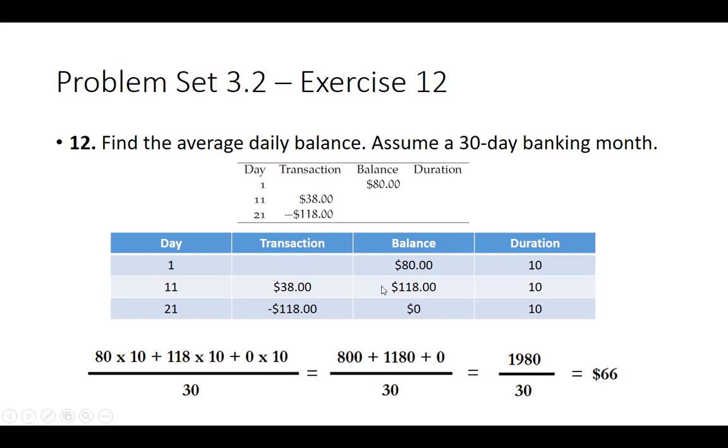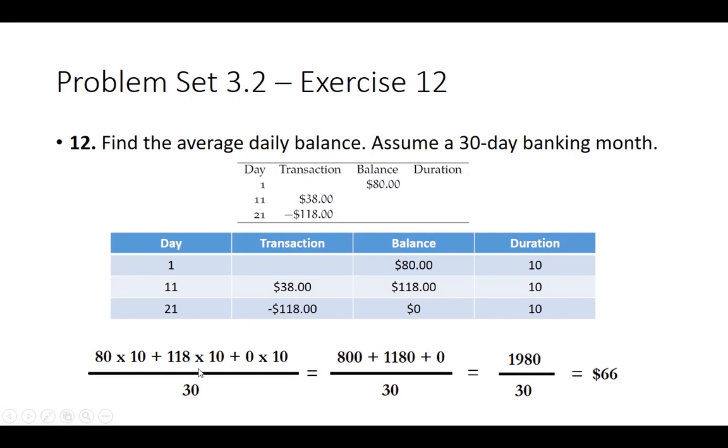The $80 that we started with and then adding 38 more gives us $118. And then the $118 minus the $118 gives us $0. So for 10 days, we had a balance of $80. For 10 days, we had a balance of $118. And for 10 days, we had a balance of $0.